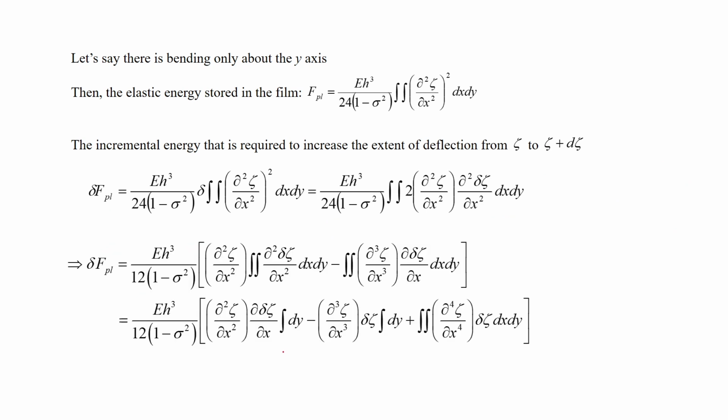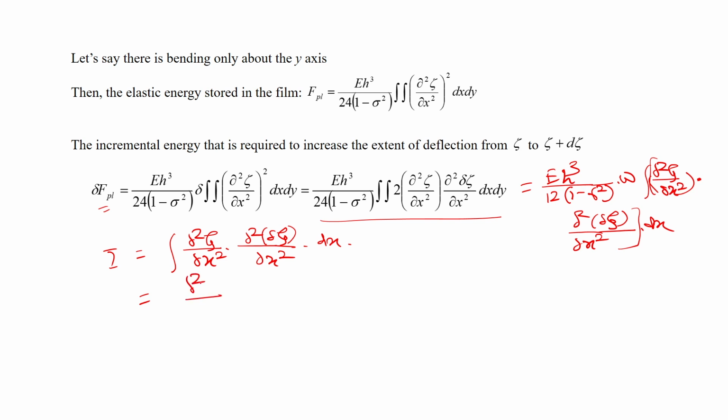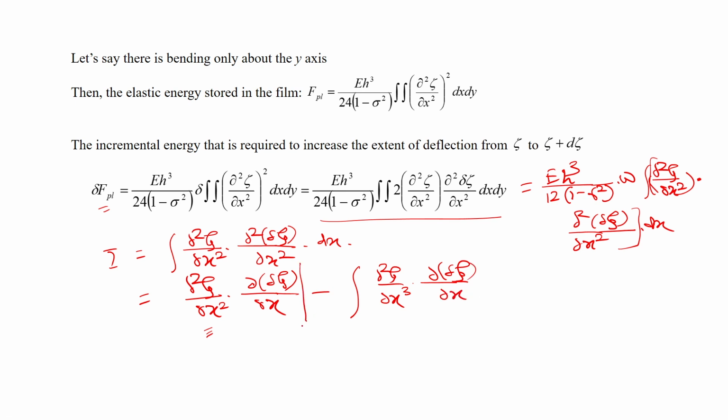So I will write it like this: del square zeta by del x square, and here del of delta zeta by del x, minus the derivative of this quantity, del cube zeta by del x cube, into del of zeta by del x. Remember, this will be integrated between minus L by 2 and plus L by 2, with dx.